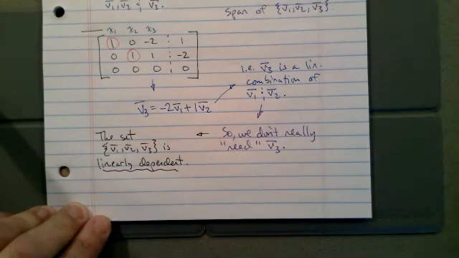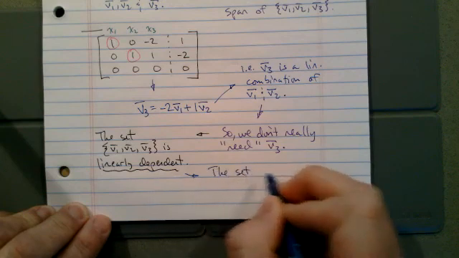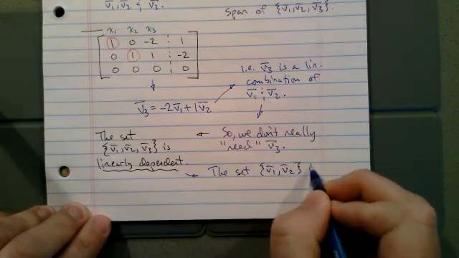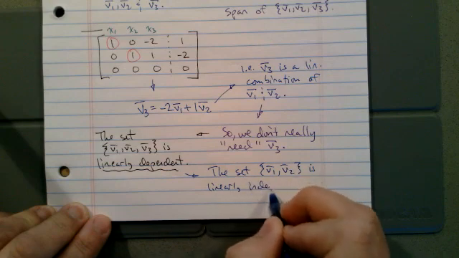We can refine our set, and we could say the set v1, v2 is linearly independent.